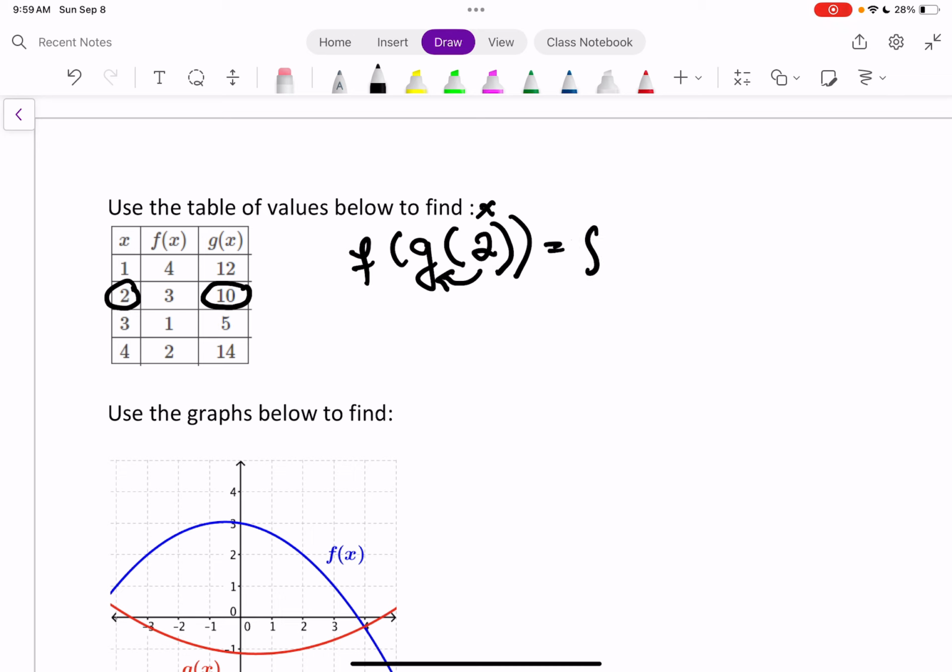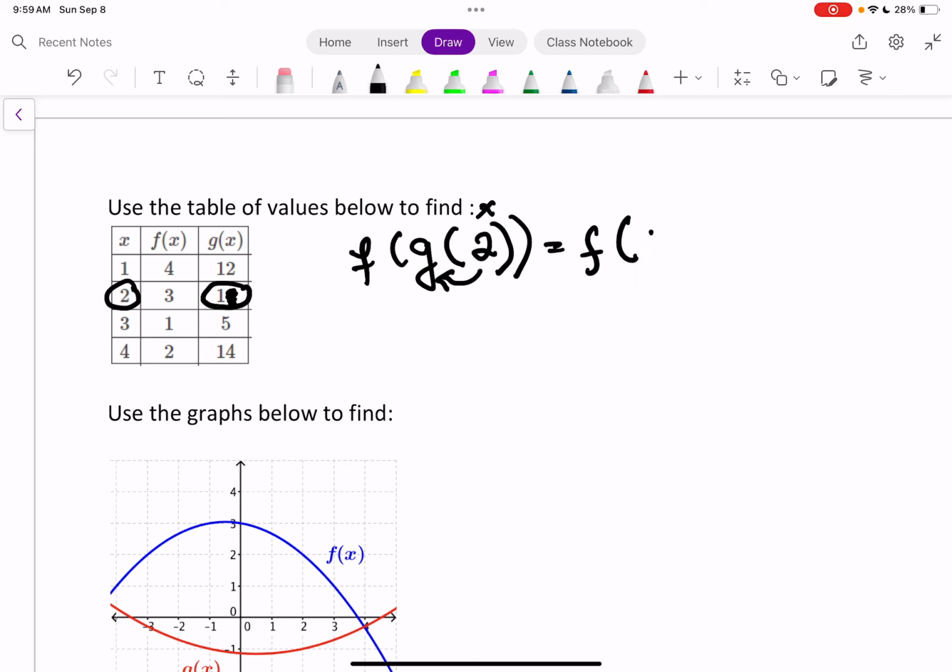Well, that's not going to work well, I cut off a big piece of this table to make it short, and now it doesn't quite work. So here it is: g of 2 is 1.